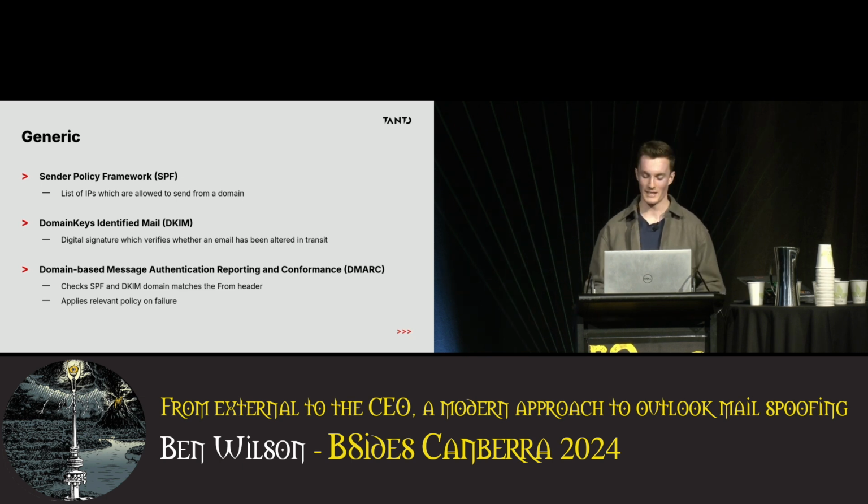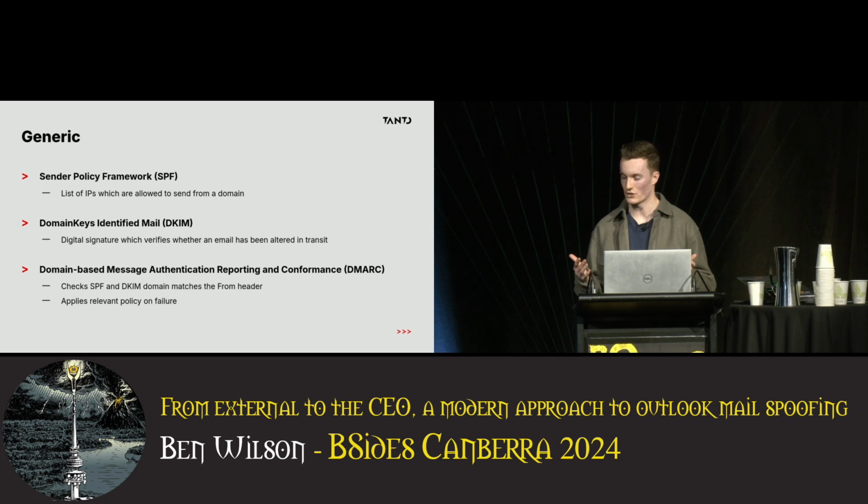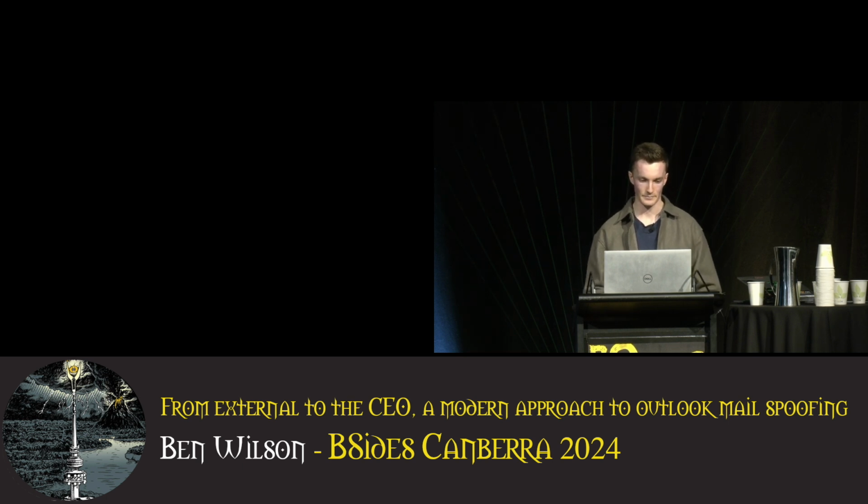It will basically check that the domain used in SPF and DKIM matches the one in the from header. And it has a number of policies you can configure, so if DMARC fails, you can apply the relevant policy on failure.